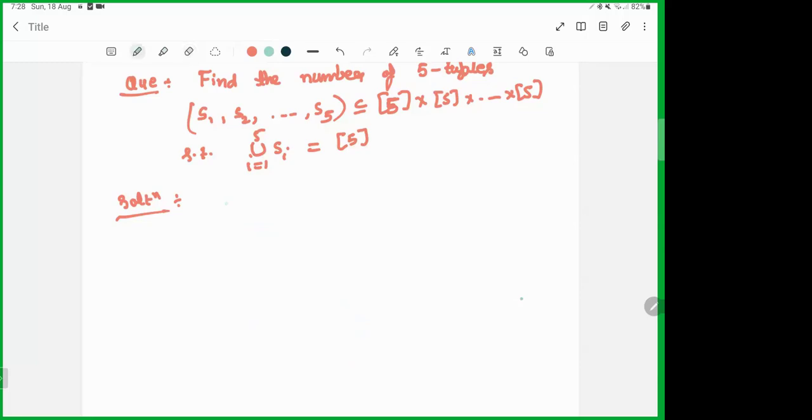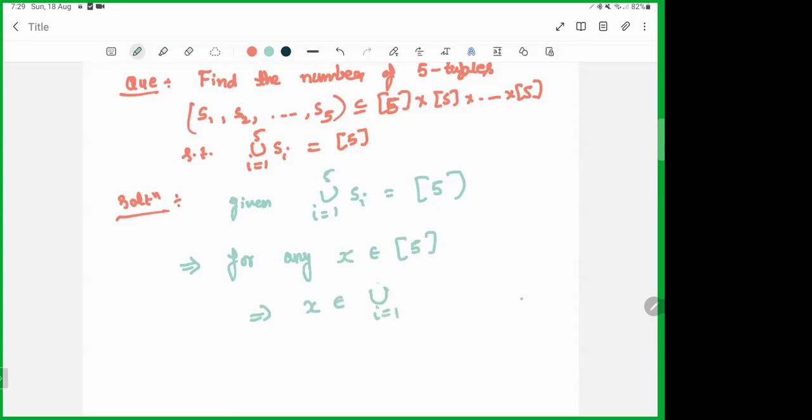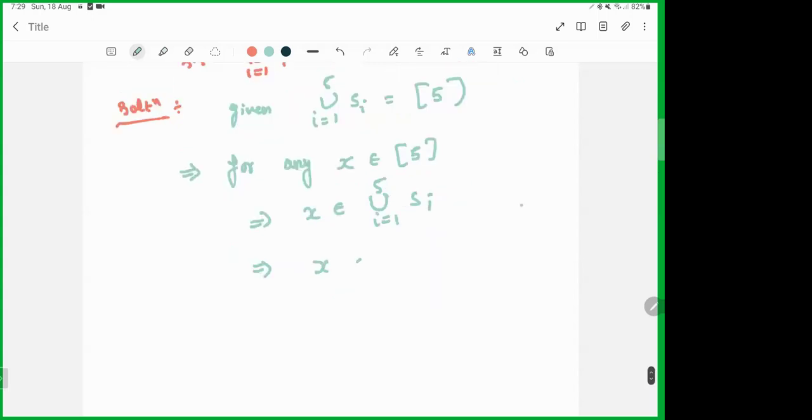Given the union over i equals 1 to 5 of Si is the full set, that means for any x belonging to this set, x belongs to the union of Si, so x belongs to Si for some i.